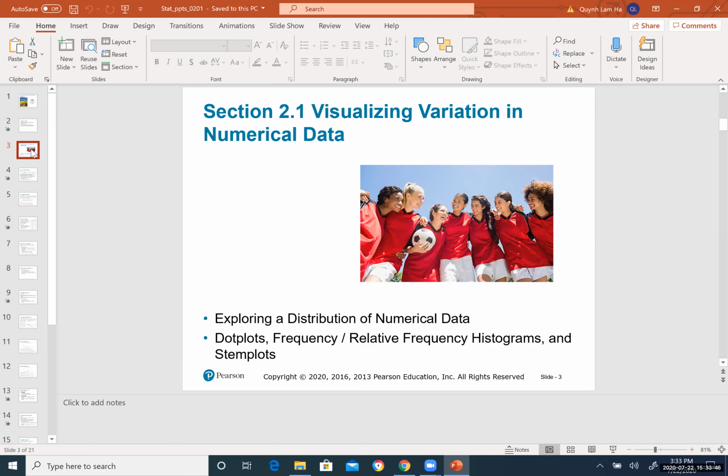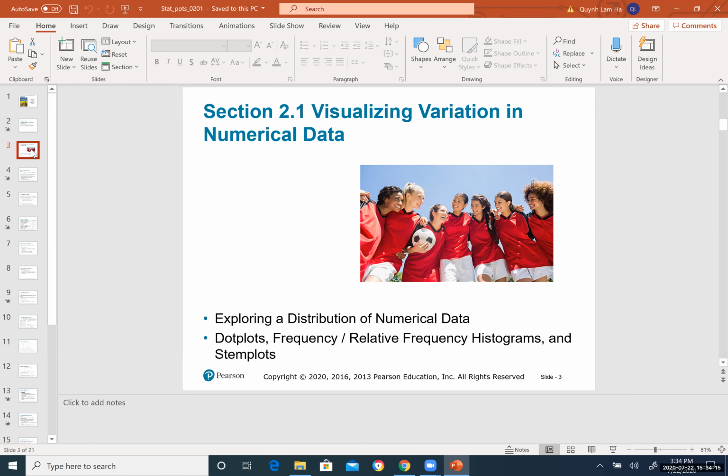Section 2.1, visualizing variation in numerical data. Okay, so now we're focusing on numerical data only. Exploring a distribution of numerical data, you will learn the following types of graphs. You will learn dot plots, frequency or relative frequency histograms, and stem plots.